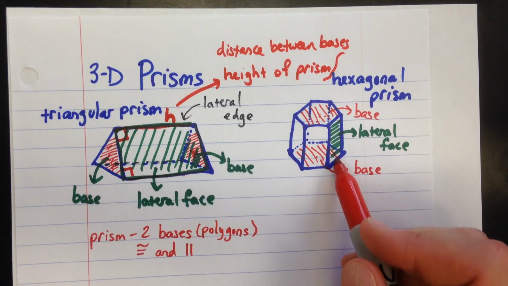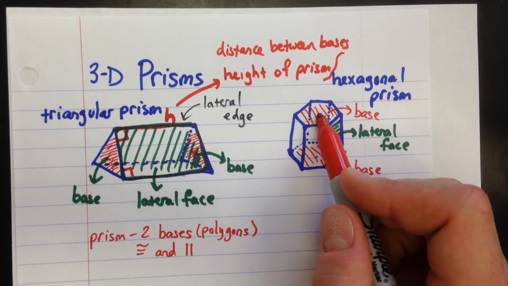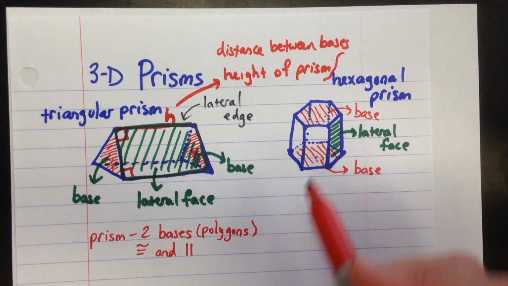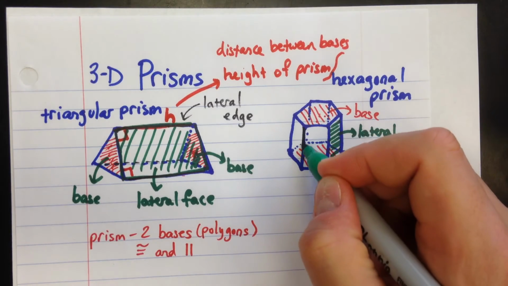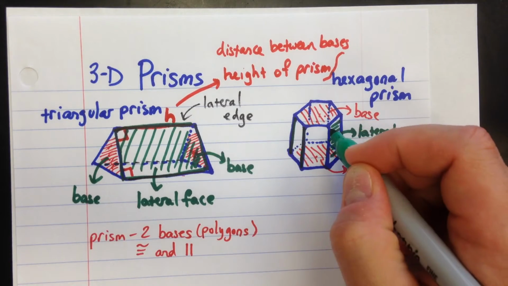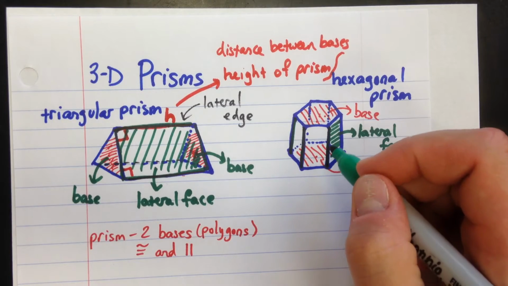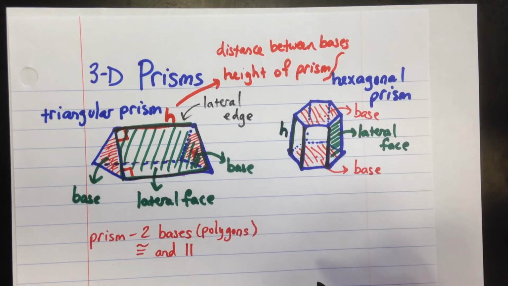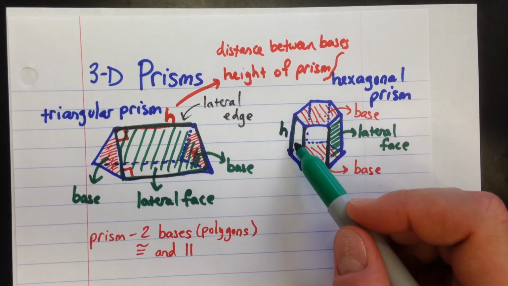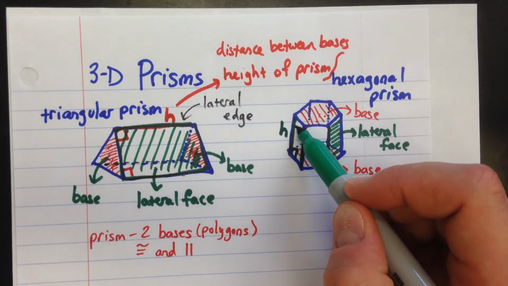In this situation here, you've got the bases or the top and the bottom. The segments that are connecting those are all these edges right here. Each one of those is going to be the height. So height can be up and down, if it's perpendicular.